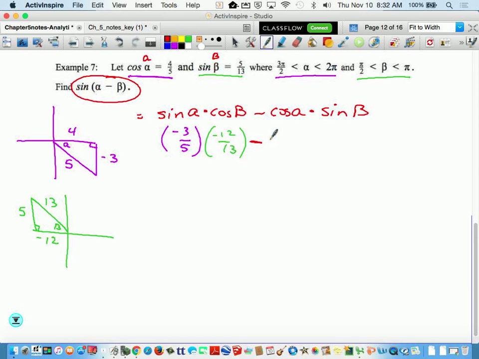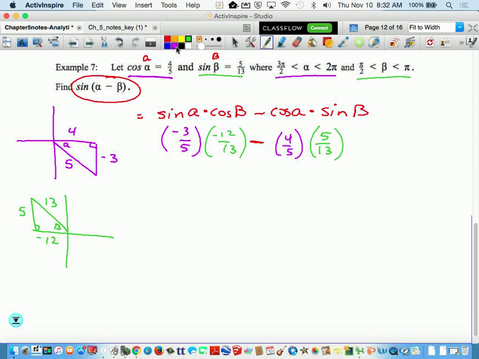Minus, again, you go back to cosine of A, which goes to the purple triangle. What's the cosine? It was also given to us, but it's 4/5. And then the sine of B, again, was given to us, or you can use the green triangle, and it's 5/13.